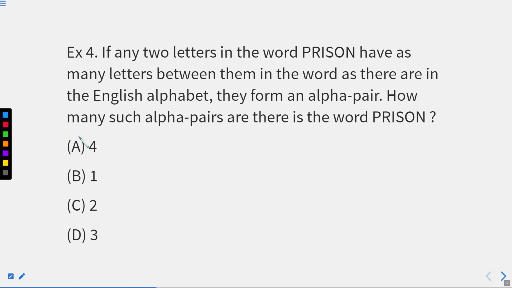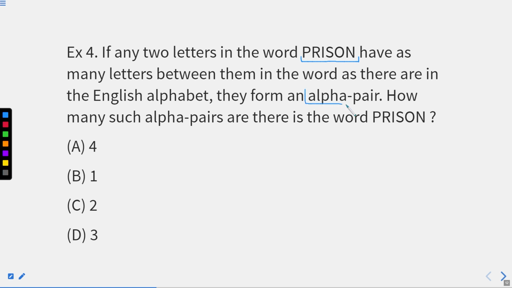So here is the new question. In this question, if any 2 letters in the word, in this case the word is prison, mark it well, have as many letters between them in the word as they have in the English alphabet, they'll form an alpha pair.